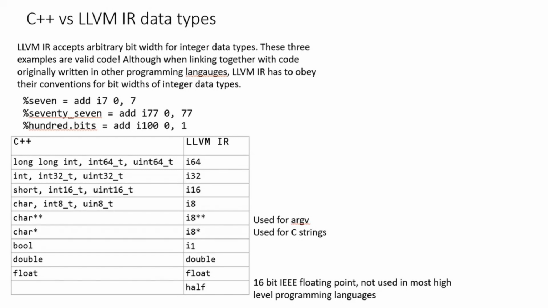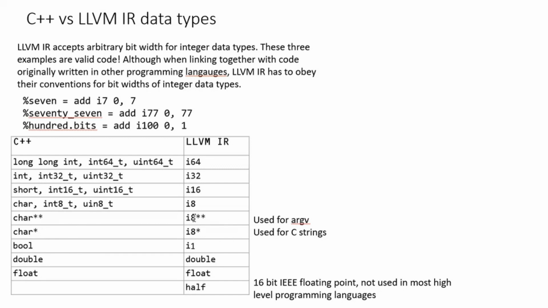Usually you would see data types in powers of 8, powers of 2, binary size data types. So in this table, there are some data types here that are very useful, such as i8 pointer. That's the analog of character pointer in C++. It is used for C strings.